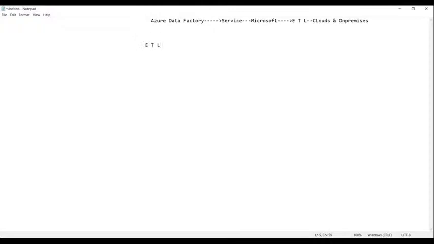Extract, transform, load. Very good. So it is nothing but extraction, then transformation, then loading. L stands for loading. So guys, extraction, transformation, and loading. These are the things we have.